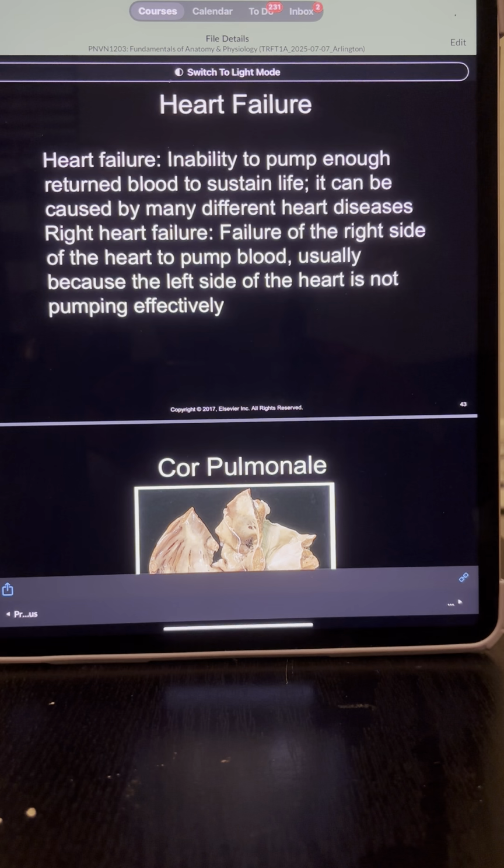Because we have an increased amount of CO2, which is a byproduct of exercise, our breathing speeds up so that we can blow off that CO2 quicker, and we can take in more oxygen quicker to be able to oxygenate our muscles. And again, this is your parasympathetic and your sympathetic trying to maintain homeostasis, and your body trying to restore homeostasis with your gases, your CO2 and your O2.